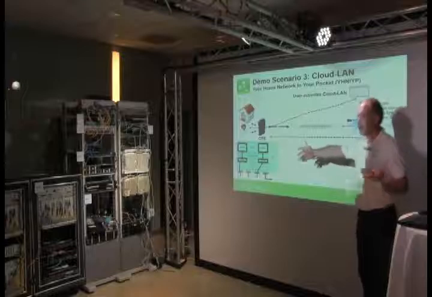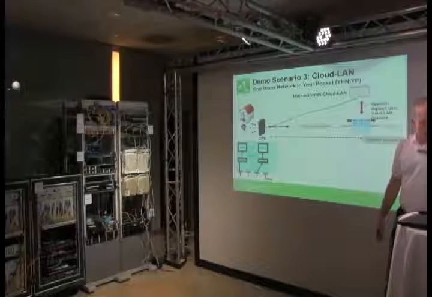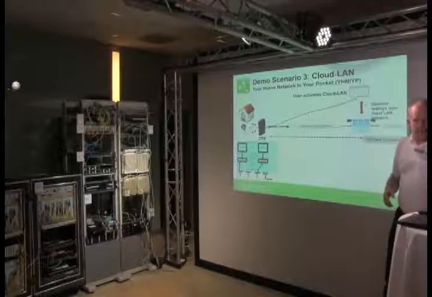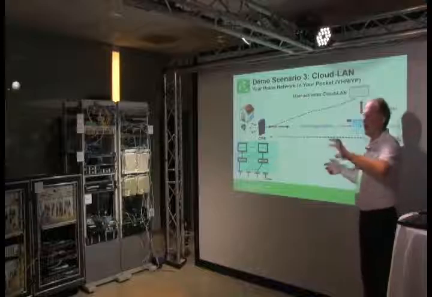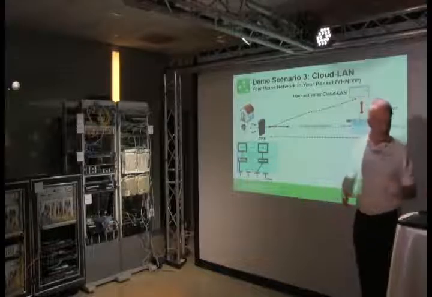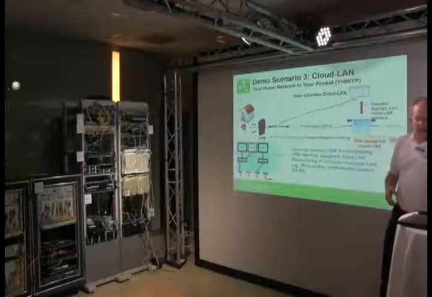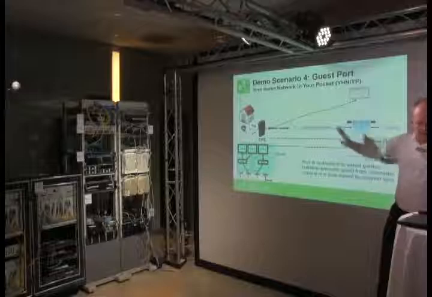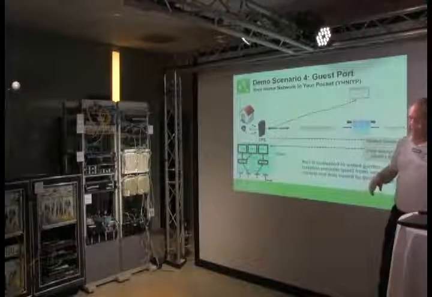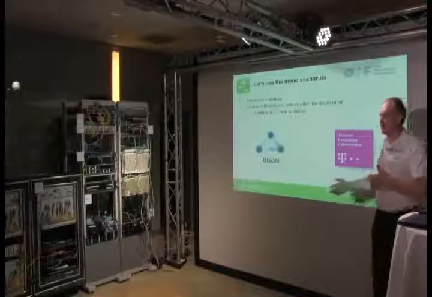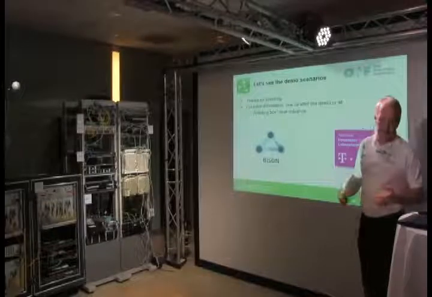So that's actually a layer 2 extension, and in our particular case, it's a GRE tunnel. So what's actually happening is that we're invoking a GRE tunnel endpoint implemented in OpenFlow on XDPD, and the controller is being rolled out from the cloud. There would be potentially a fourth step in the demo that we decided to omit here. That would be guest ports. We also can do Wi-Fi guest ports and so on.